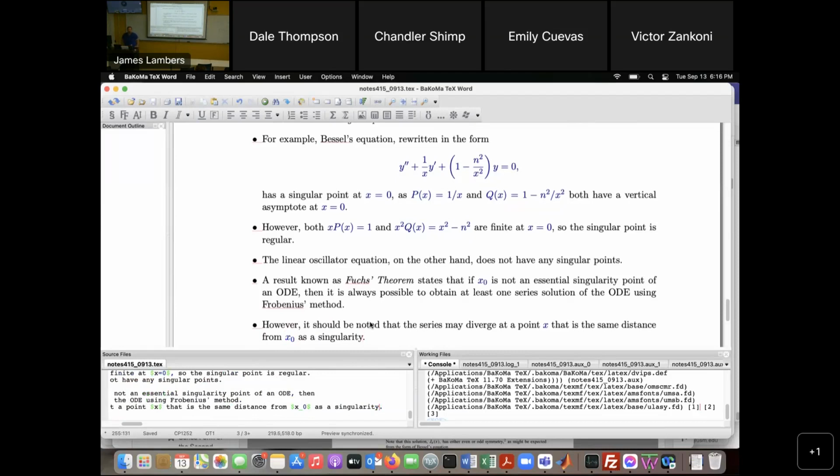So be careful when you do have a regular singular point. That's why it's important when you find a series solution using Frobenius method, you should check it for convergence. Once its radius of convergence, where might it diverge? So you might have points of divergence to be concerned about.